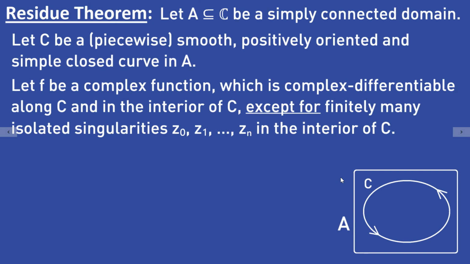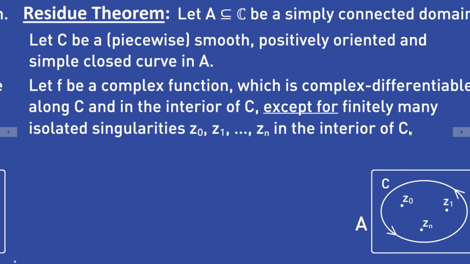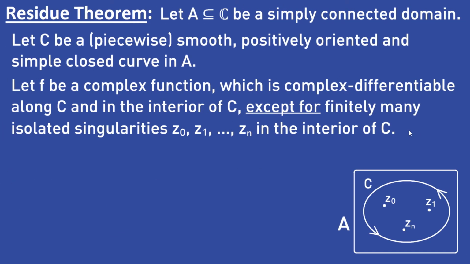Let f be a complex function which is complex differentiable along the curve C and in the interior of the curve C, except for finitely many isolated singularities z_0, z_1 to z_n in the interior of C. So the function f is not differentiable in the points z_0 to z_n, which are isolated singularities of the function f.